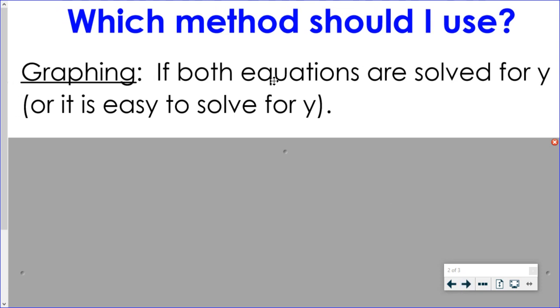Basically, the easiest time to choose graphing, if I give you two equations and say solve the system, use any way you want, is if they're in slope-intercept form, or it's really easy to get them both in slope-intercept form.